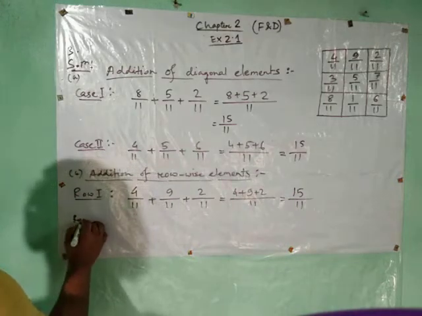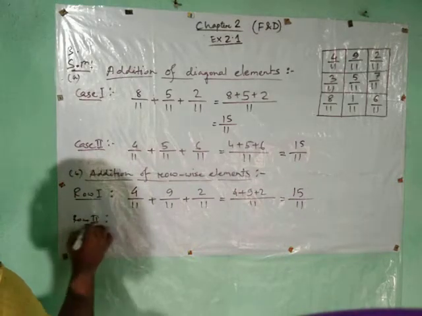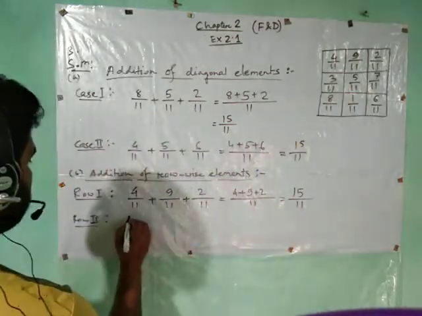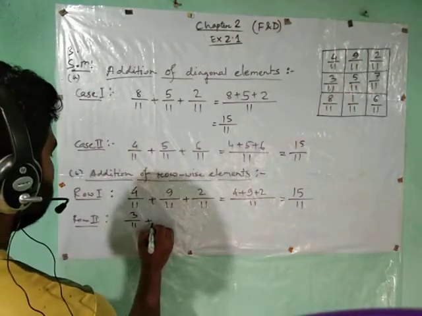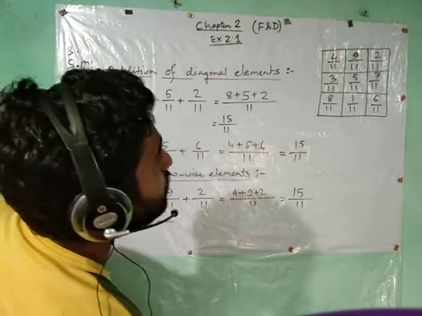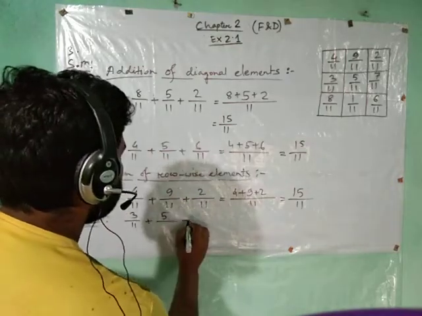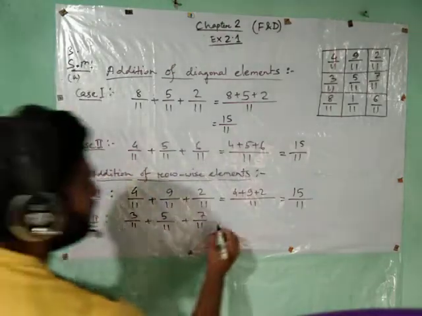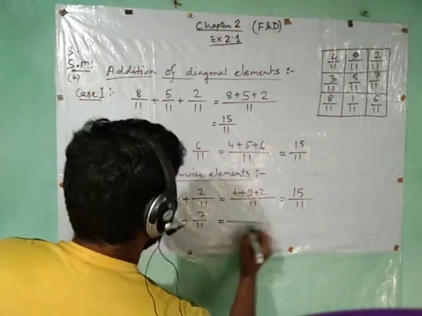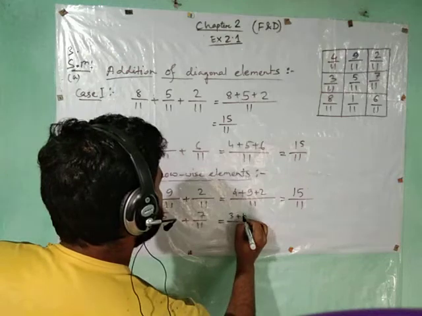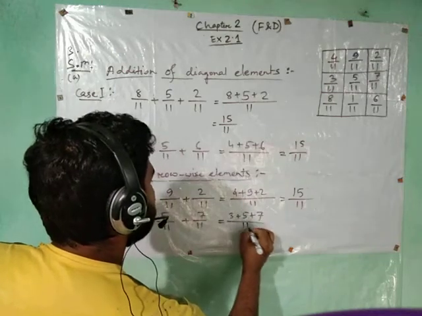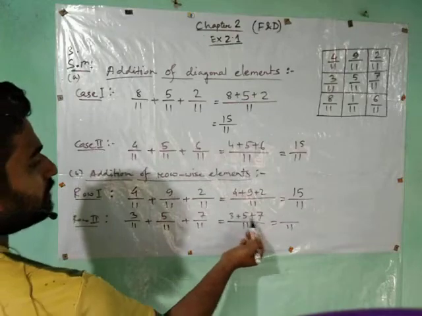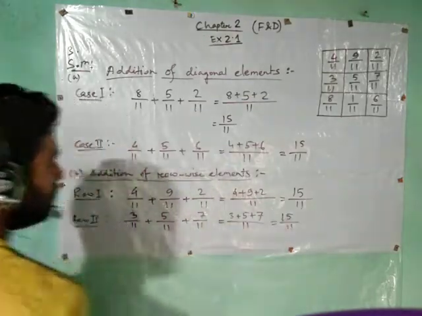Now row 2. In row 2, how much will you get? Second row: 3 by 11 plus 5 by 11 plus 7 by 11. All are 11, right? So if we add them, 3 plus 5 plus 7 divided by 11. 7 plus 3, 10, plus 5, 15. Here also it is coming.